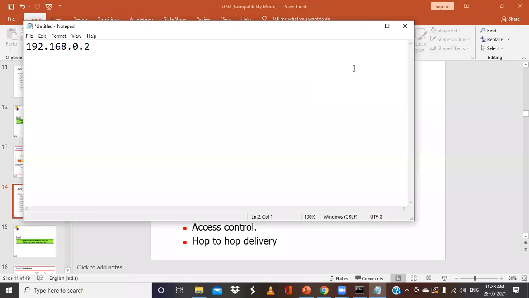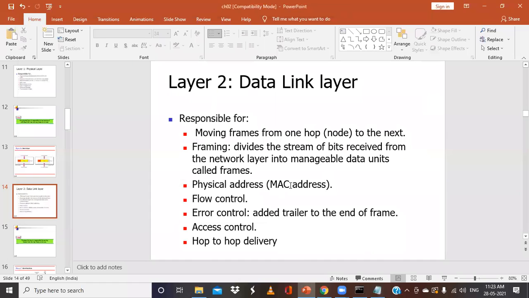This IP address is unique for every system which is connected to the internet. In the internet world, there are billions of computers. When you are communicating through the internet or searching something on Google, you should have an IP address, which will be unique for every system connected to the internet. Apart from that, we have something called a MAC address, or physical address, which is meant for every individual system, and we get it from the manufacturers.